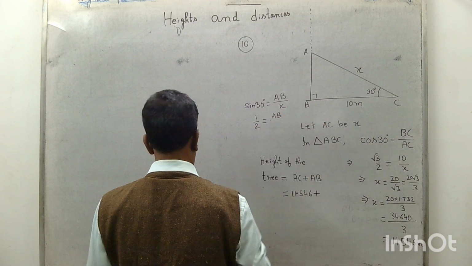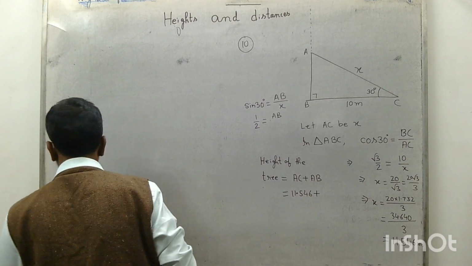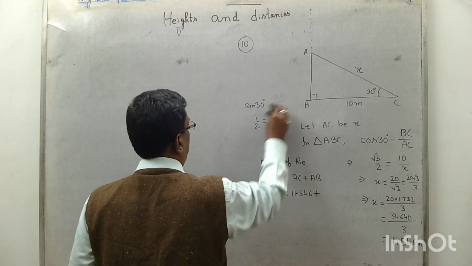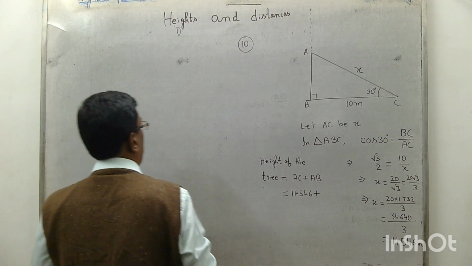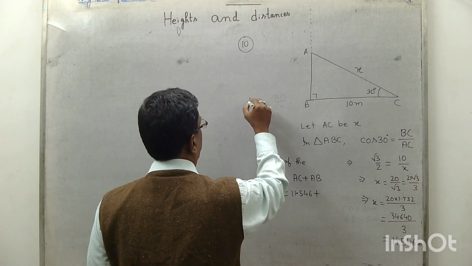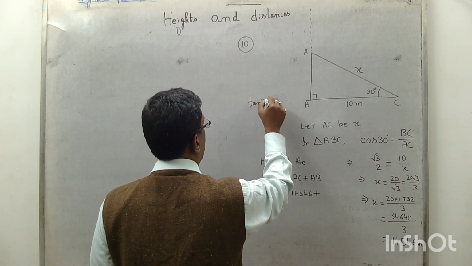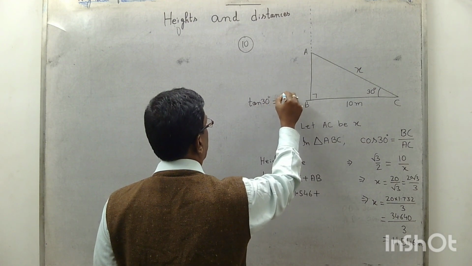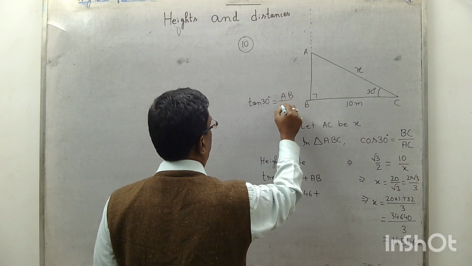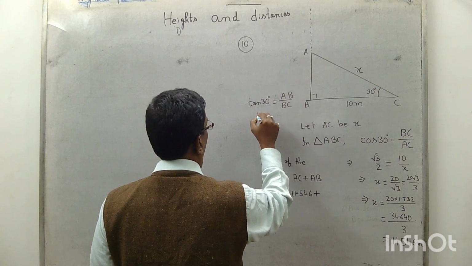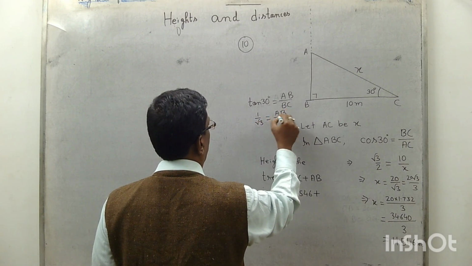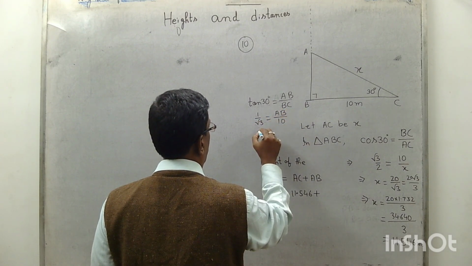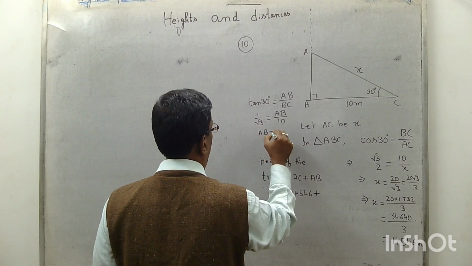We can use tan here for getting the value. Tan 30 is perpendicular by base, AB by BC. 1 by root 3 equals to AB by 10. So AB equals to 10 by root 3.